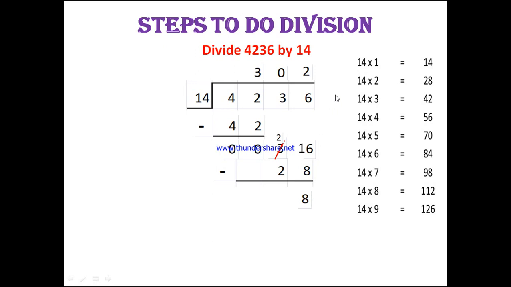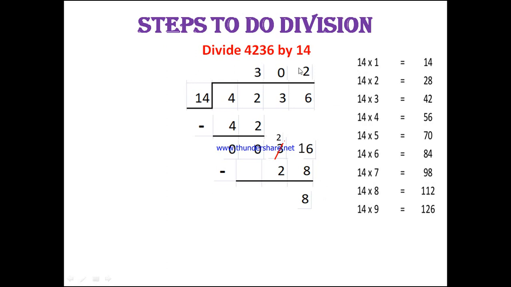Is there any other digit to bring down? After getting the remainder, the next step is to bring down the next digit, and like that we proceed with the division. Now there is no digit to bring down, so with 8 we stop. Before stopping, check whether the remainder is smaller than the divisor, and whether there is any other digit to bring down.